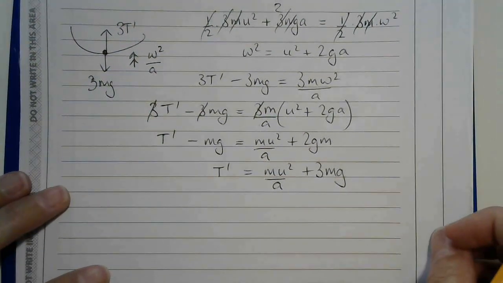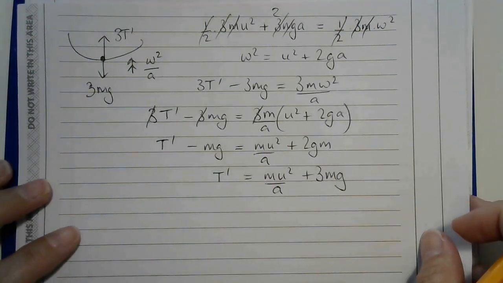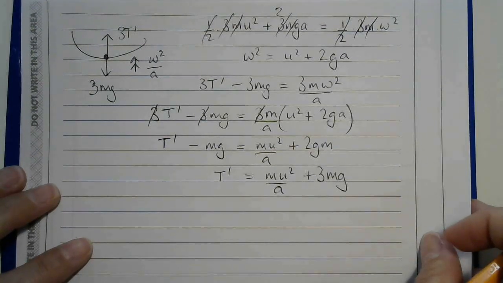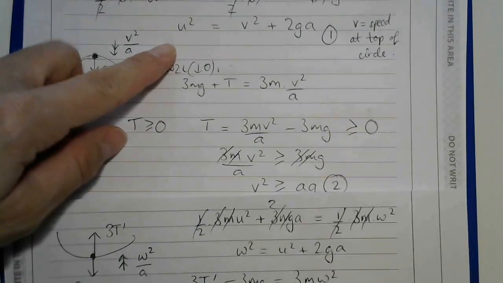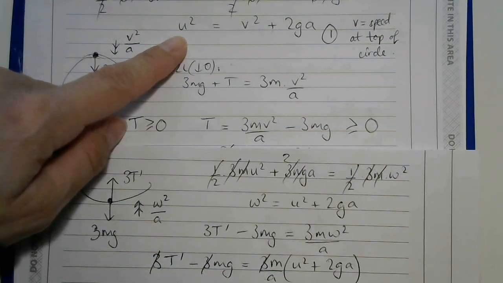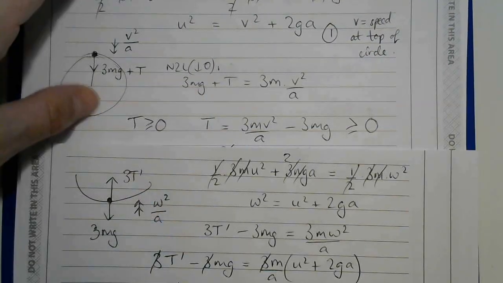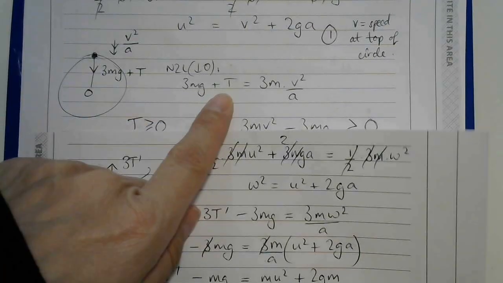And then if I do the same process with everything that I have at the top, now the tension at the top, I can basically steal some of that work that I did already. So if you look at the work that you did in part 1, so you ended up with this where v was the speed at the top, we had this equation here, and so we've basically got the same thing as this, but it's a T dash now.